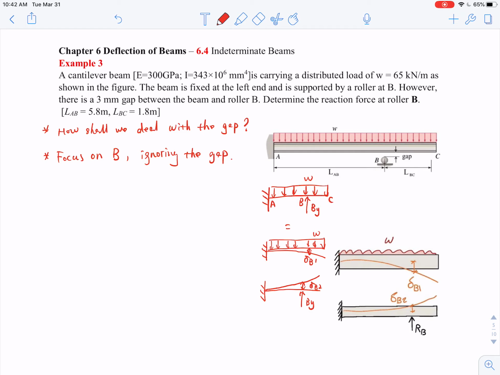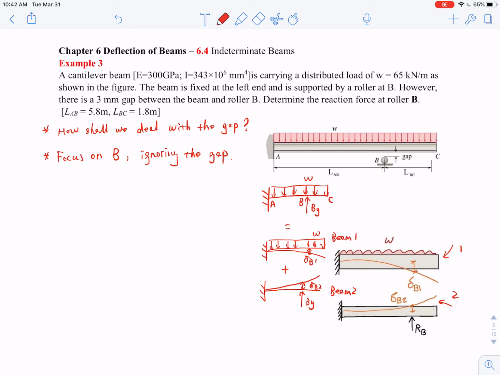Okay, this is how we split this case into simpler parts. We got a beam 1 and a beam 2. Right? This is the beam 1, and here is our beam 2. Okay, just two simple cases.